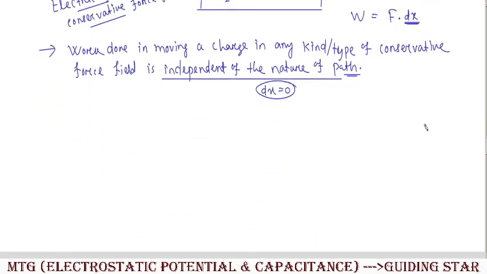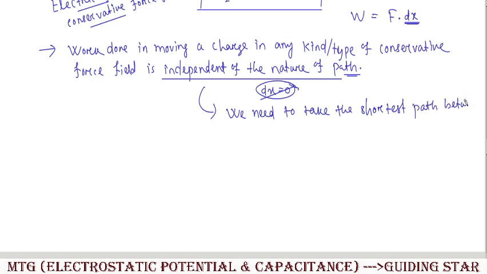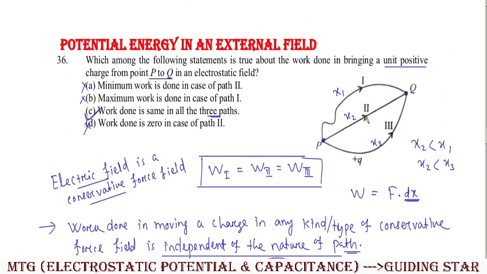We will not take the distance covered as 0, that is not the case. Independent of nature of path means we need to take the shortest path between the initial and final position. So in this case, you can take any path between P and Q, but finally when we calculate work done, we need to take this shortest path. So the shortest path of path 1 will be this path 2, and the shortest path of path 3 will also be this path 2. Clear? So finally work done will be same in all the 3 paths. Option C will be correct.